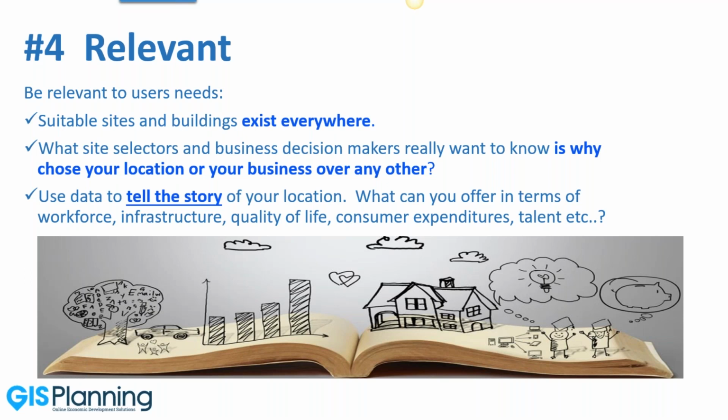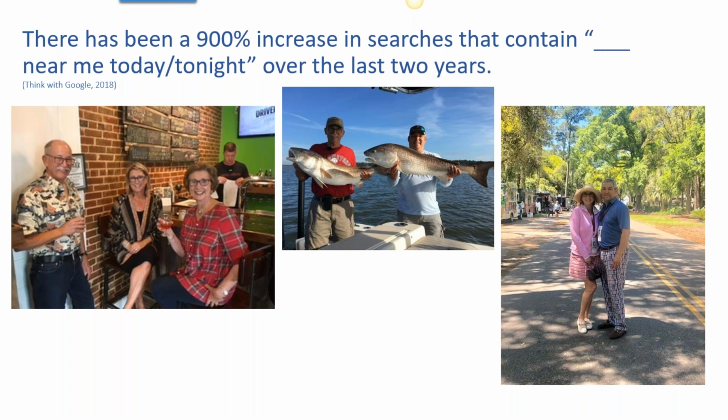And another little tip, there's a 900% increase in searches that contain "blank near me tonight" or "today" over the last couple of years. So when you're telling a story of your community, I would put, these are things to do in my community. That takes care of the "blank near me today or tonight," whether it's concerts or different venues.